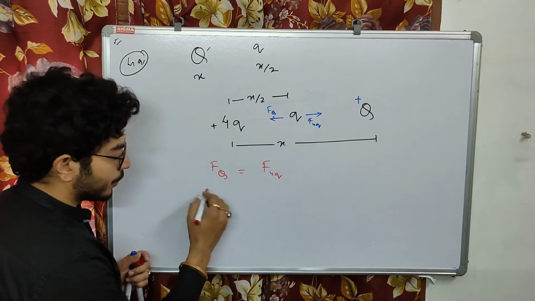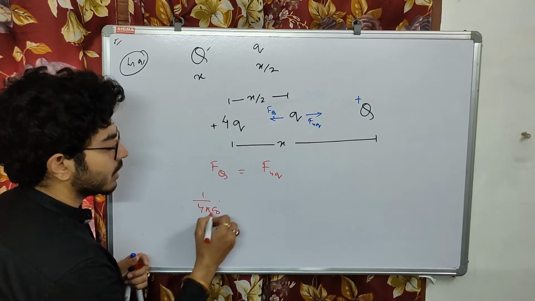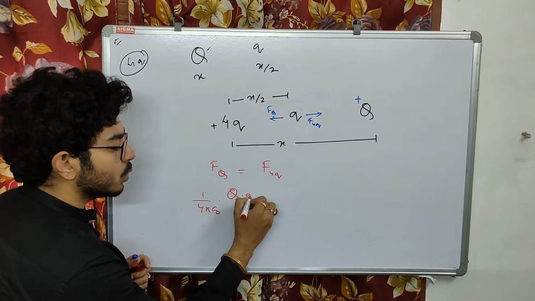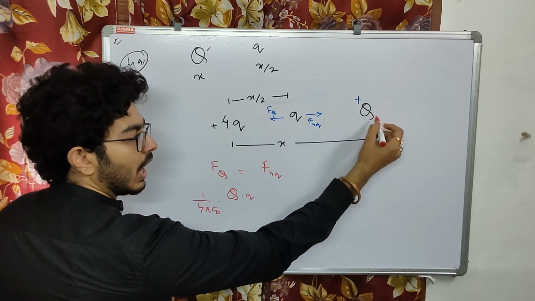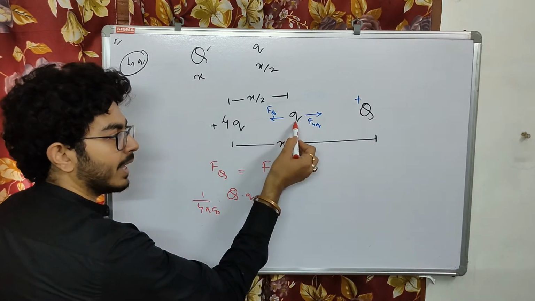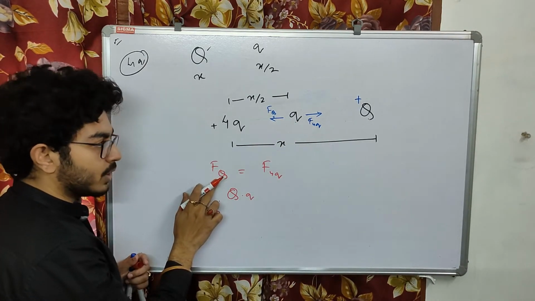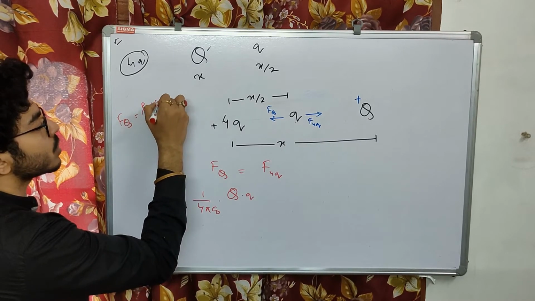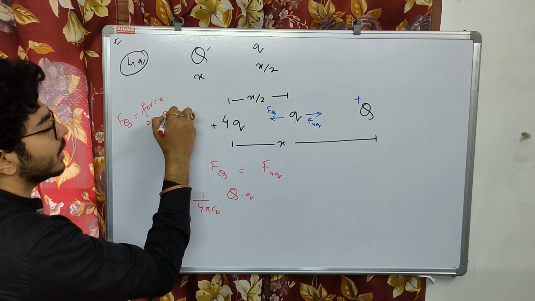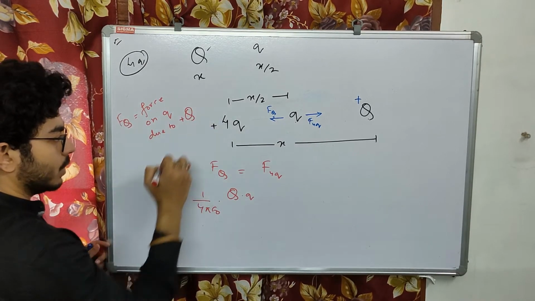From Coulomb's law, we know 1 by 4 pi epsilon into Q into small q. Now we are going to find out the force due to this one. How much force is this plus q applying on this small q? We need to find out. So this is Fq, the force on q due to plus q.